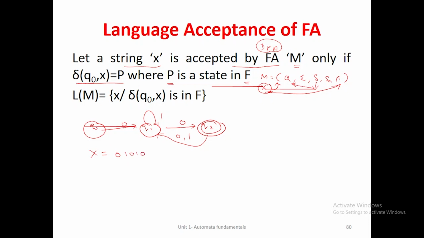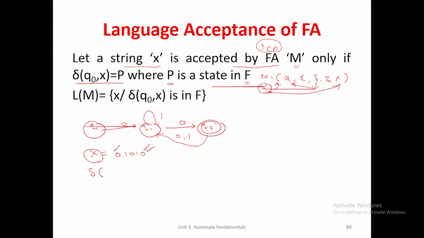You can check it directly from the diagram. It is accepted, which means this DFA starts with a 0 and ends with a 0. So how can we check whether the given string X is accepted by this finite automata?